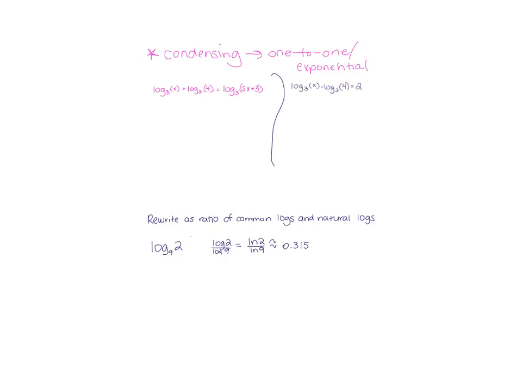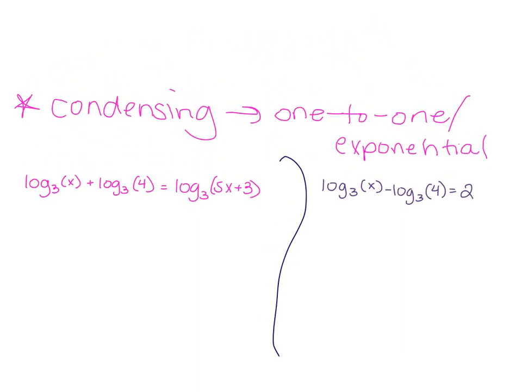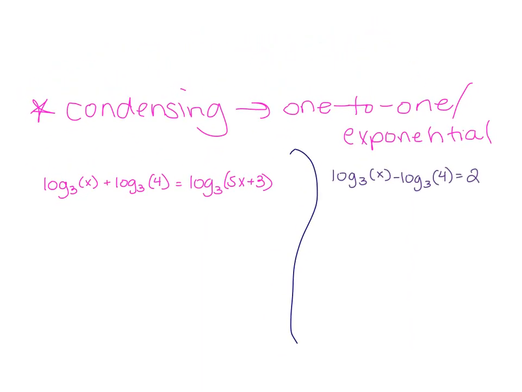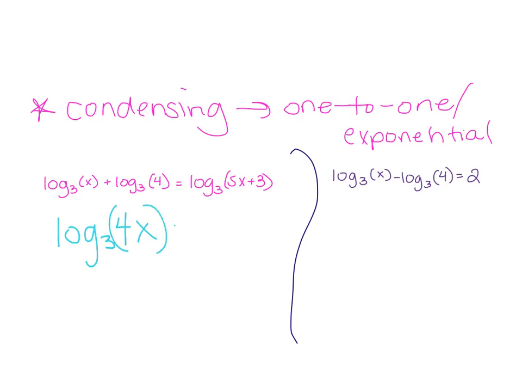Sometimes we're condensing to either solve or to use the one-to-one. So on the left-hand side, that's addition. When I condense it, it becomes multiplication. So this would be log base 3 of 4x equals log base 3 of 5x plus 3. Once the bases are the same, I can set these equal to each other.